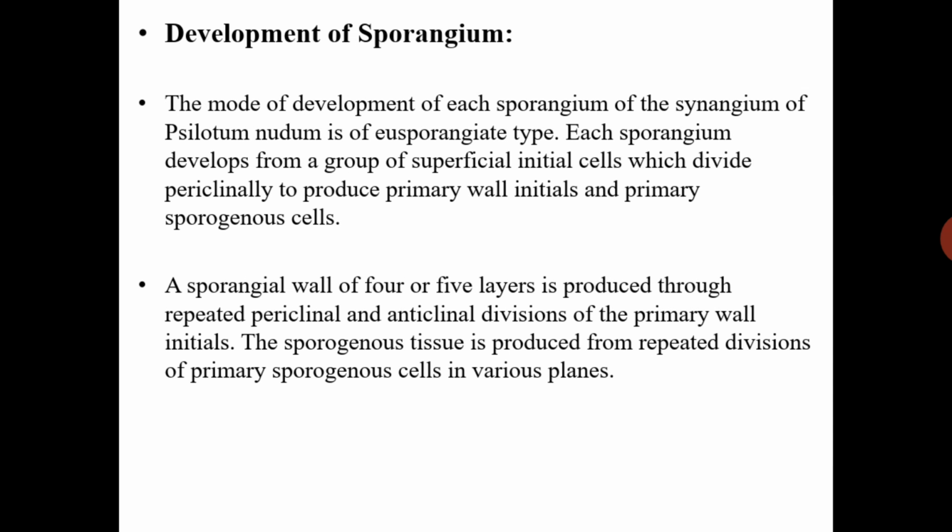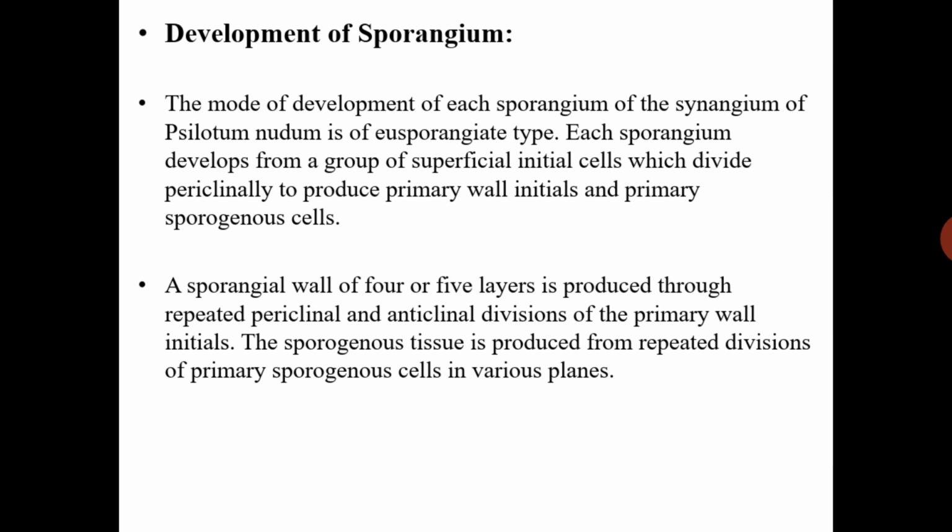And next, development of sporangium. The mode of development of each sporangium of the synangium of Psilotum nudum is of the eusporangiate type. Each sporangium develops from a group of superficial initial cells which divide periclinally to produce primary wall initials and primary sporogenous tissue.